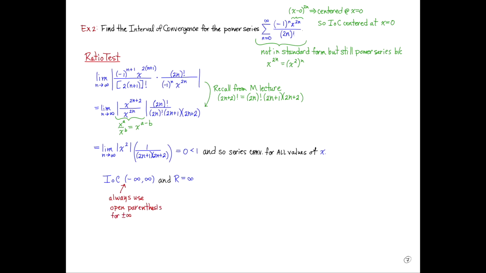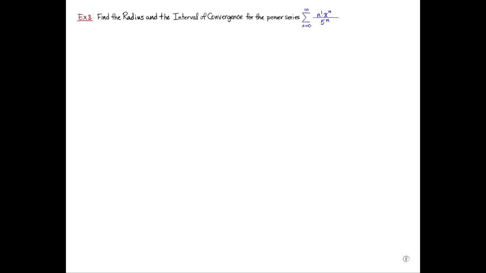Let's do one more example. We want to find the radius and the interval of convergence for the power series n factorial times x^n over 5^n. We start the same way as before, using the ratio test.